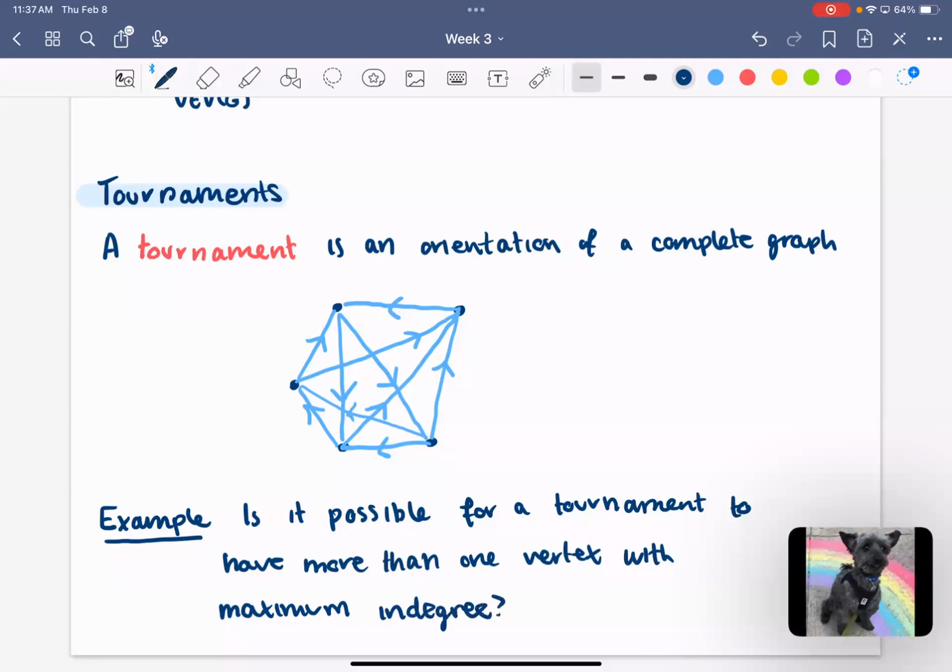What this is saying is, is it possible that there's not just one team that has the most number of wins? So I'll give you a few minutes to think about it.